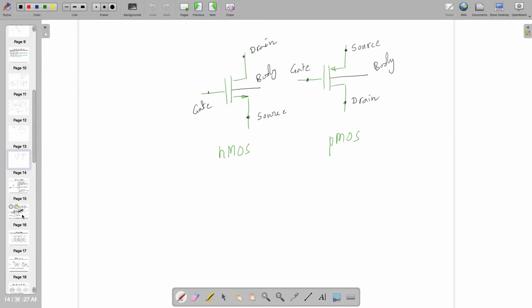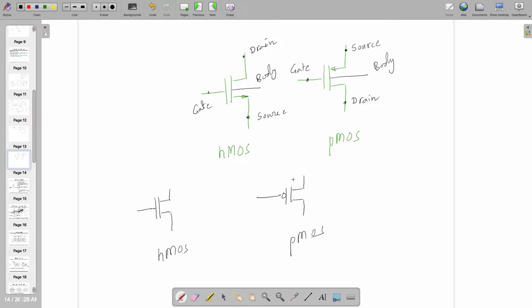So that's why all the experts don't draw it like that. They draw it like this. With a bubble, it's PMOS. Without a bubble, it's NMOS. And there is no pointing arrow. Any one of them is source, any one of them is drain.